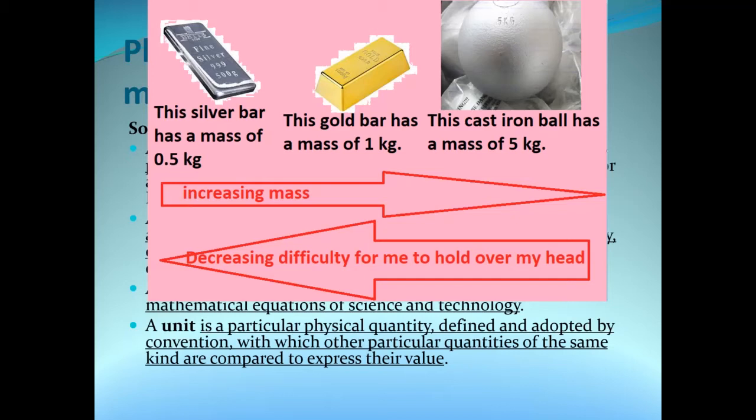Now, using my strength in relation to being able to lift the gold bar and comparing the others is not a good standard, because a strong man or someone who won the world weightlifting championship will be able to hold a cast iron ball over his head for much longer than I can, because he has greater strength.